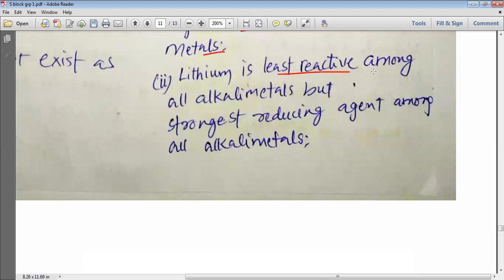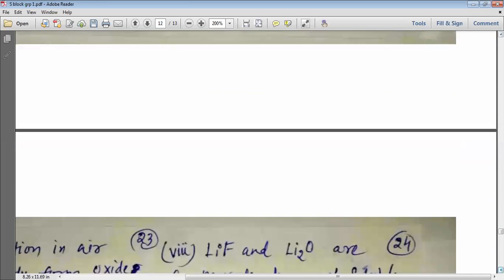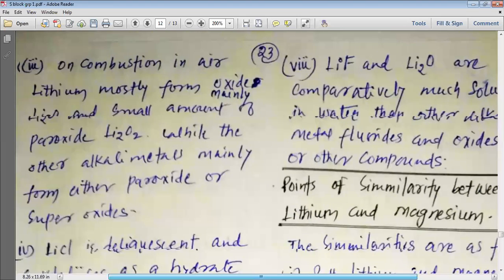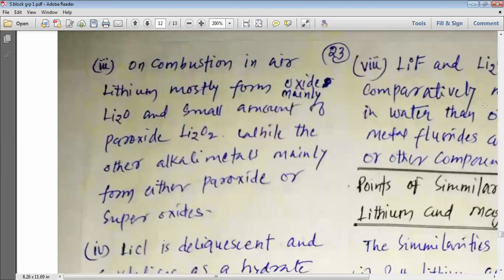Lithium is least reactive among the alkali metals, but the strongest reducing agent among all the alkali metals. Lithium has a little higher ionization enthalpy, and that is why it does not easily form the +1 ion. That is why it is comparatively less reactive as a metal. But my dear students, it has the highest reducing property due to its most negative electrode potential value.